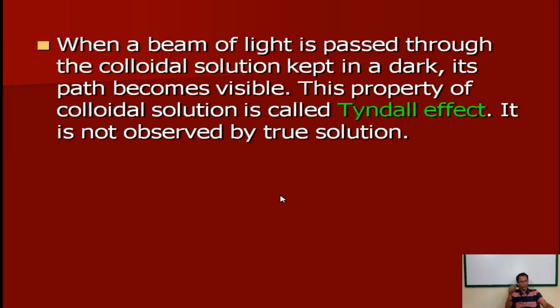This illumination of the colloidal solution exposed to light is called the Tyndall effect. This is called scattering of light by colloidal particles. The colloidal particles scatter the light, and the scattered light is observed in different colors. That's why it is called the Tyndall effect.